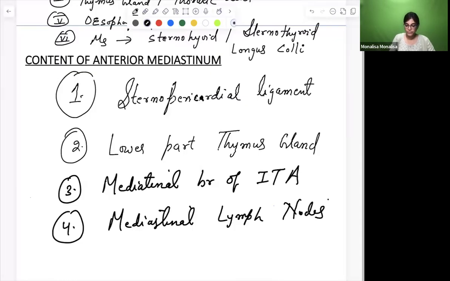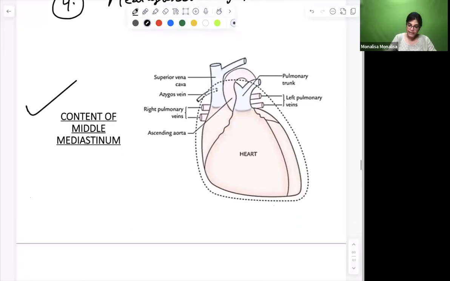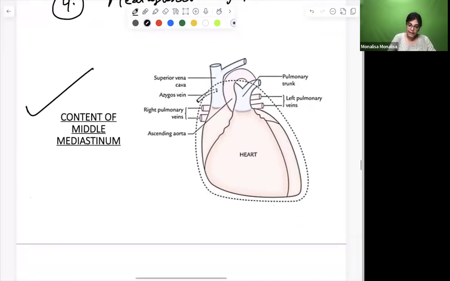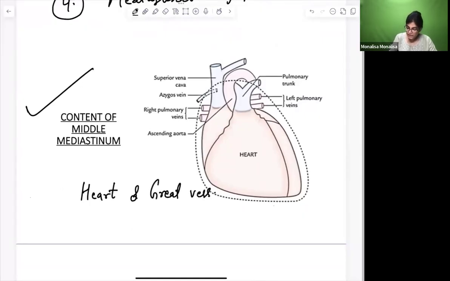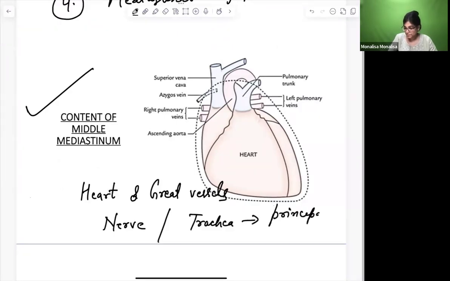Absolutely correct, dear. The contents of the middle mediastinum are very easy: the heart and its great vessels, nerves, the trachea, specifically the principal bronchus, and the lower part of the superior vena cava.